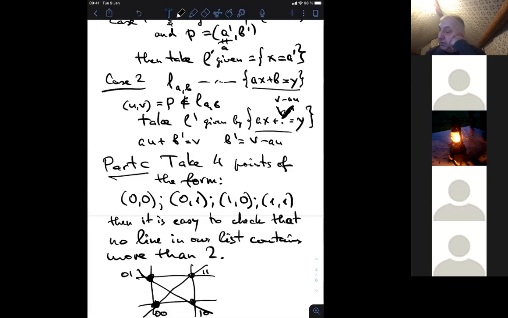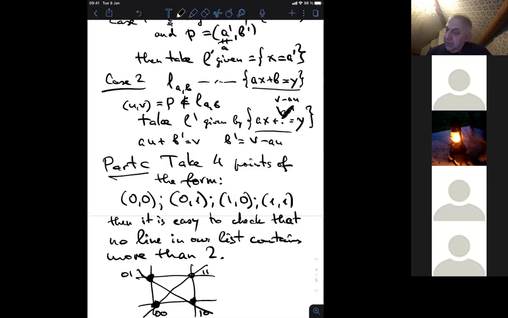Similarly, lines which contain (1,0) and (1,1): there can be only one such line, x equal to 1, and it contains no 2 other points. Similarly, the horizontal lines we should check. And now we have to look at lines containing, for example, (0,0) and (1,1). These are lines of the form x equal to y. Again, there is just one such line, and it does not contain 2 other points.